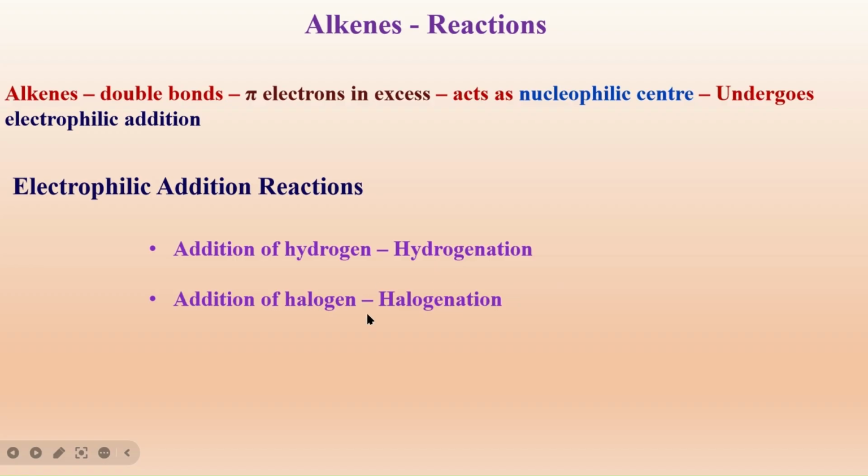When I add halogens, I'll get vicinal dihalides. In the preparation of alkenes, we took vicinal dihalides and dehalogenated them to give rise to alkene. Here, addition of halogens occurs across the carbon-carbon double bond, and this reaction is called halogenation.